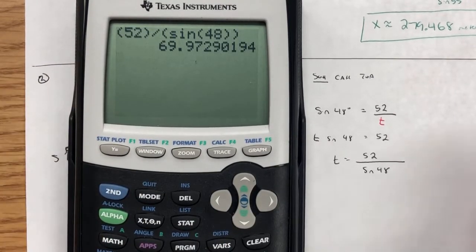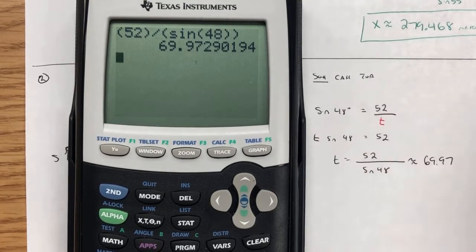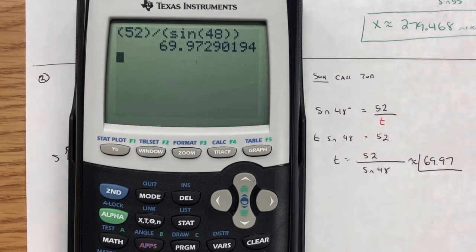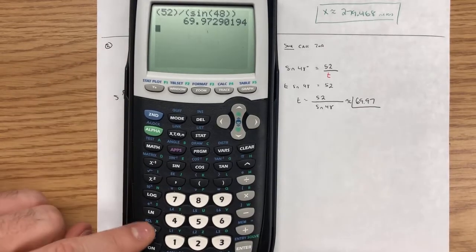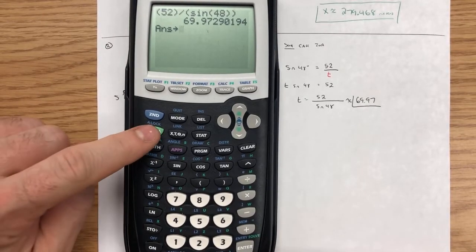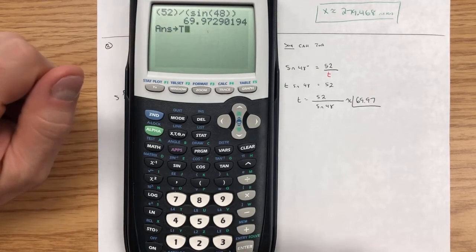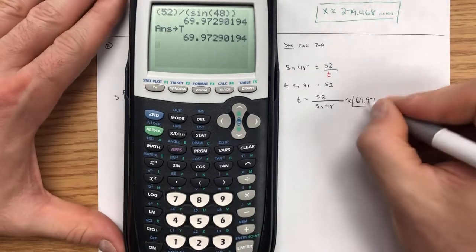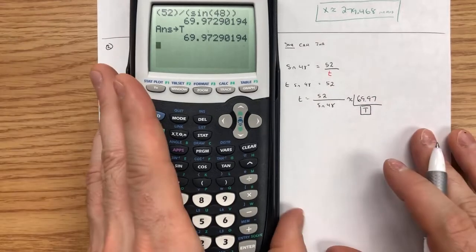And I get this decimal. So I know this is roughly 69.97. So this is little t. I'm going to store that so that I keep this exact decimal by hitting store. And unfortunately, I don't have little t in my calculator, so I'm going to store that as t. Okay.